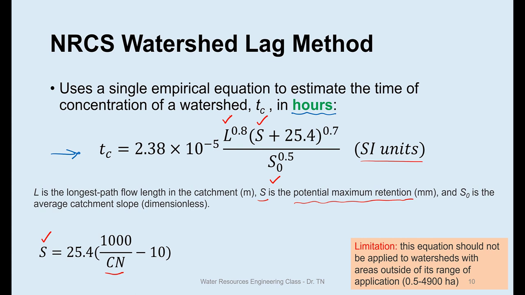You can see that this method is way easier computationally to get an estimate for time of concentration. However, if you compare the accuracy of this method and the accuracy of the velocity or TR55 method, obviously the TR55 method is more accurate.